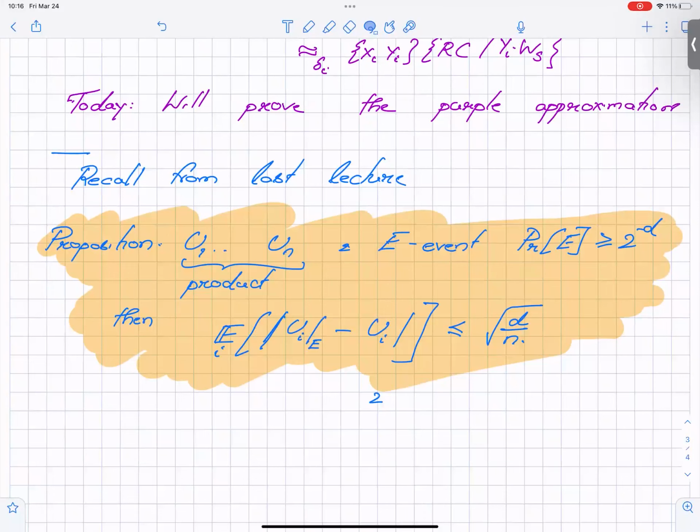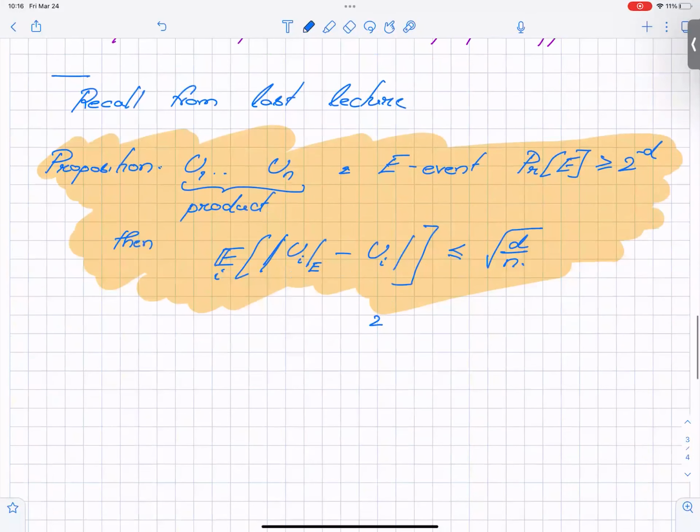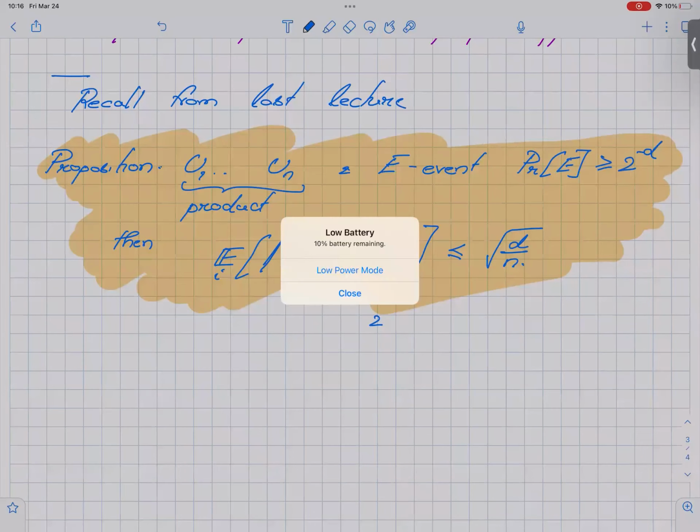Okay. So in today's notation, we'll write the conclusion.